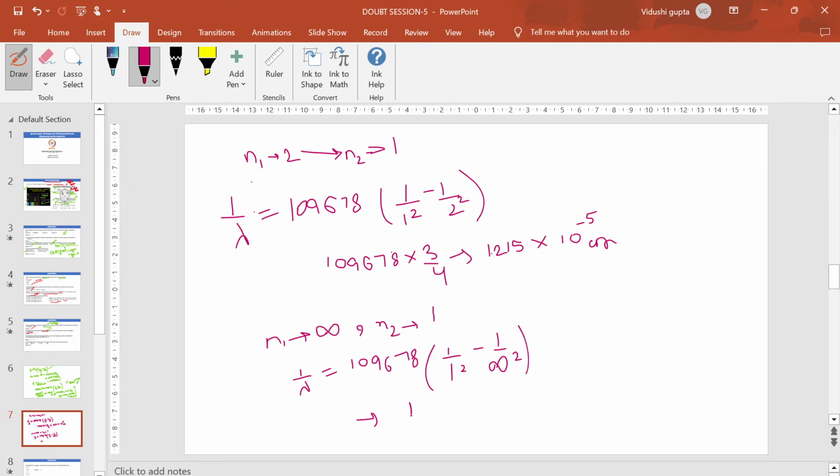So 1 by wavelength will be 109678. Therefore from here wavelength will be what? Reciprocal. So it will be 9.11 into 10 raised to minus 6 centimeter.